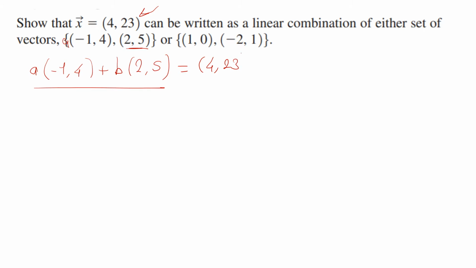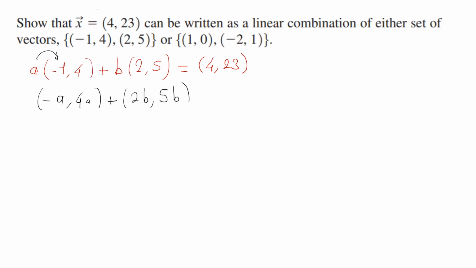Now I'm going to distribute the scalar into my bracket. I will be getting -a and 4a, and then I'm also going to distribute the b inside the bracket, which will give me 2b and 5b. This will equal (4, 23).